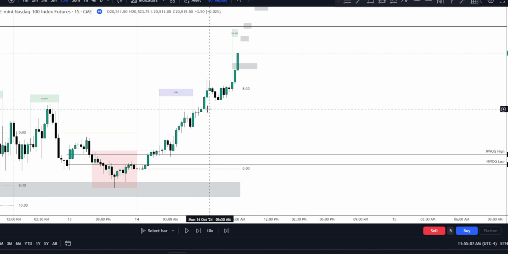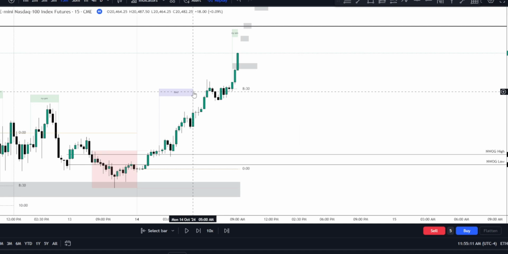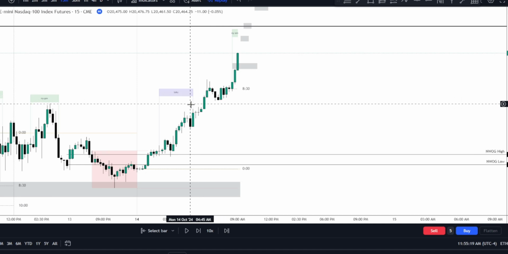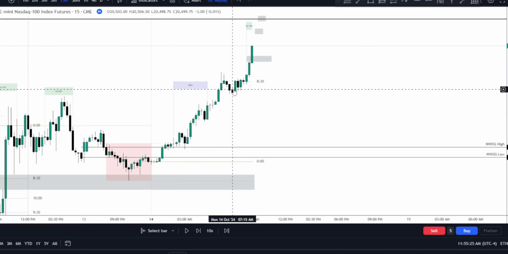When I'm talking about sponsor, I mean a higher time frame PDA, like an order block on the 1 hour, fair value gap on the 1 hour, equal lows on the 4 hour, vice versa. So there's nothing. This was just a 15-minute fair value, but other than that, there was no true sponsor for price to be going higher.